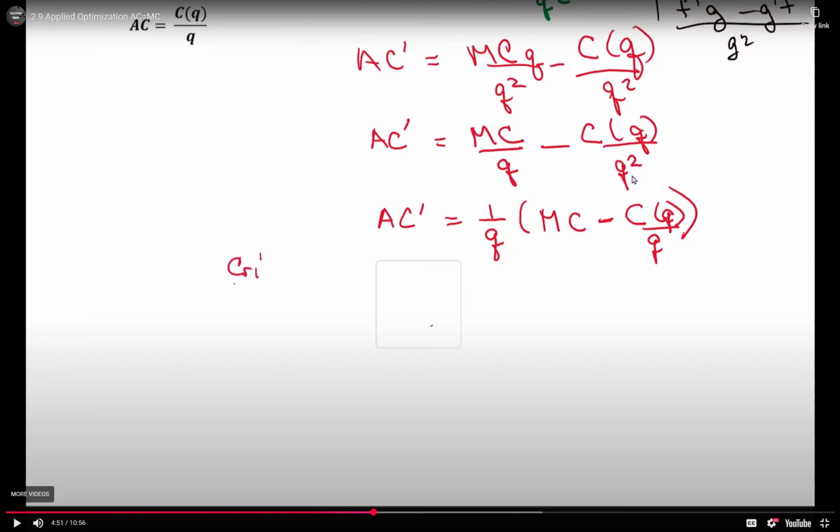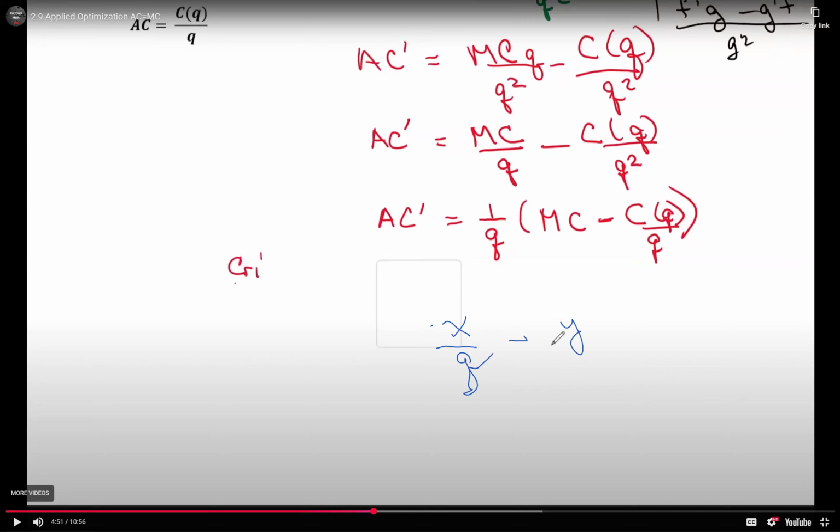There's a Q here and a Q here. So we have X over Q minus Y over Q squared equals 1 over Q times X minus Y over Q.